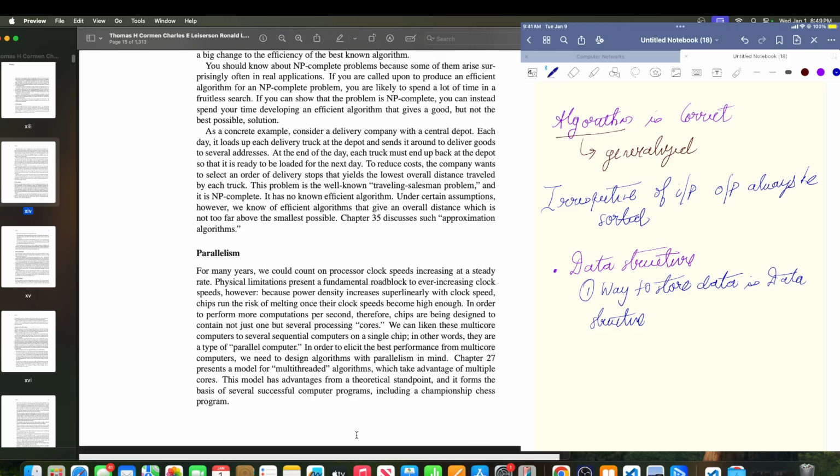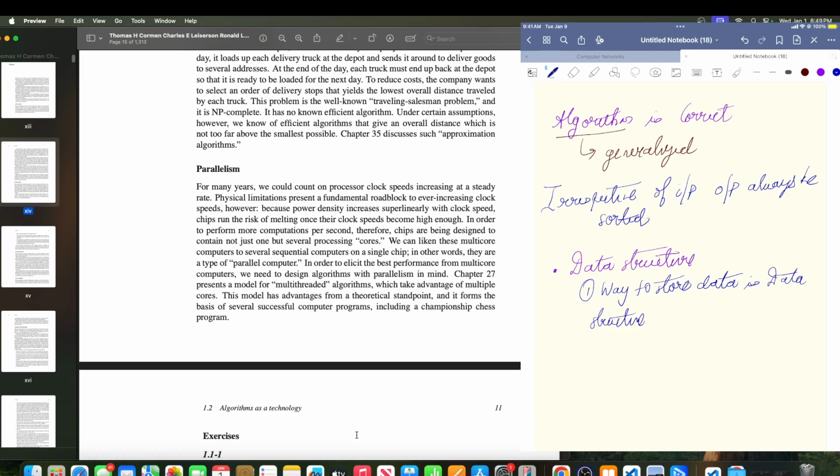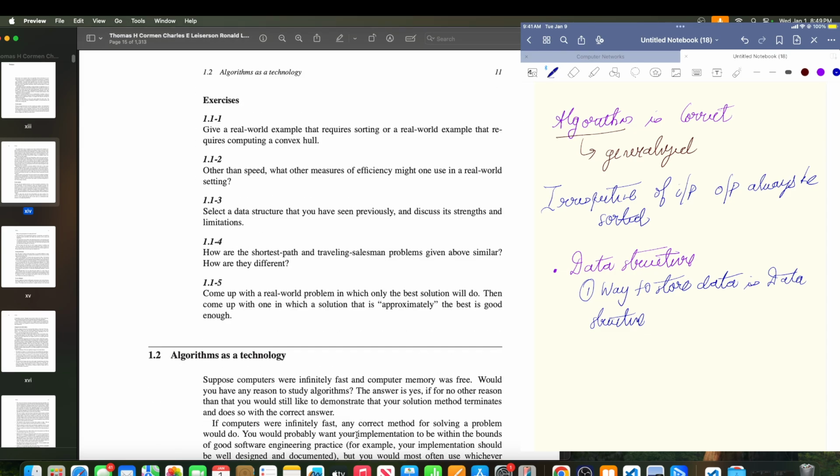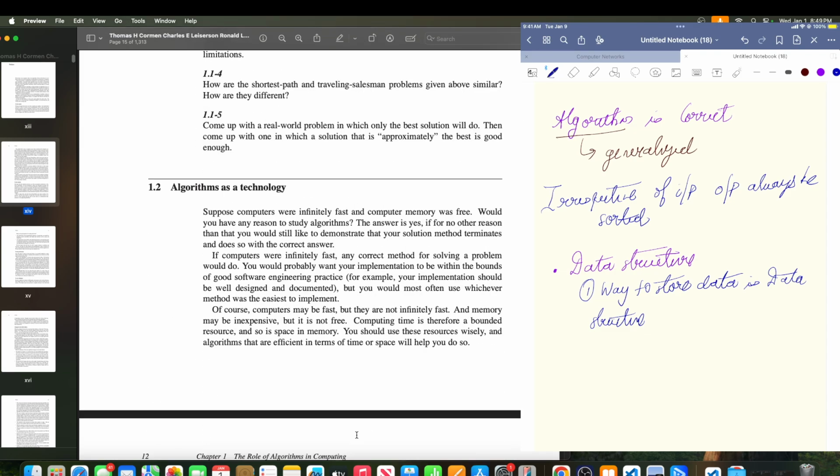Then there is parallelism. For many years, we could count on processor clock speeds increasing at a steady rate. Physical limitations represent a fundamental roadblock to increasing clock speeds. So he's saying why we need it, and then he's going to talk about parallelism and multi-threading. Now, algorithms are a technology.